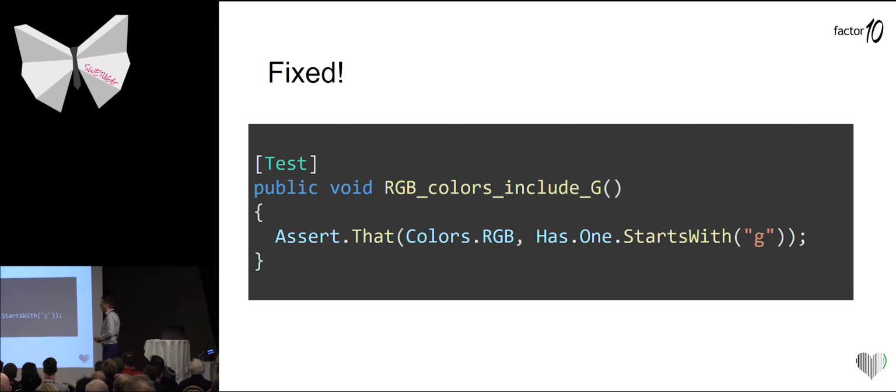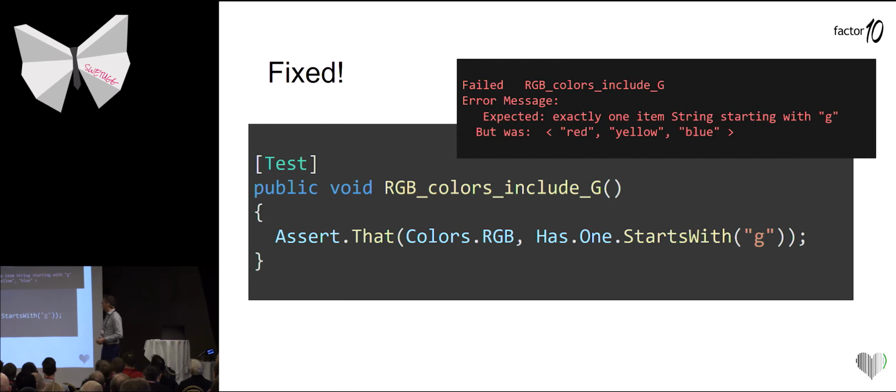So in the case of NUnit, and of course this varies very much with the test framework that you use, I can just say assert that colors RGB has one that starts with G. And now our test is much more useful because we see that we should have one starting with G, but apparently the RGB property returns red, yellow, and blue. And we immediately know what the problem is. Someone swapped green and yellow.